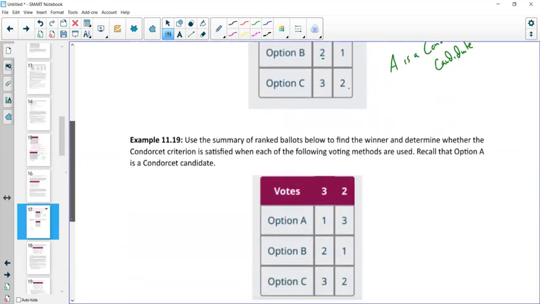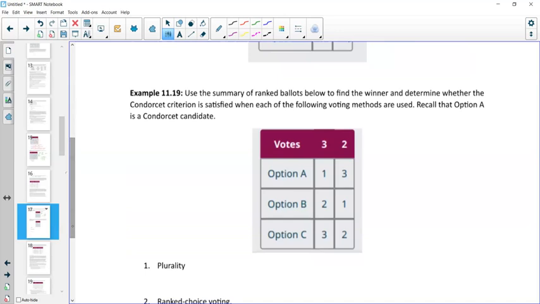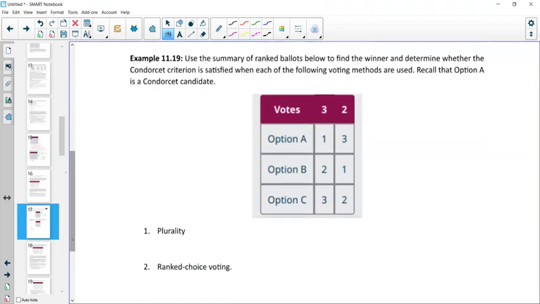Okay, let's look at this again. I'll use the summary of rank ballots below to find the winner and determine whether the Condorcet criterion is satisfied when each of the following voting methods are used. Recall that option A is a Condorcet candidate. So in plurality, A has 3 first place votes, so A wins.